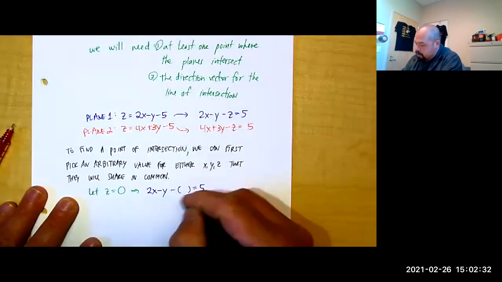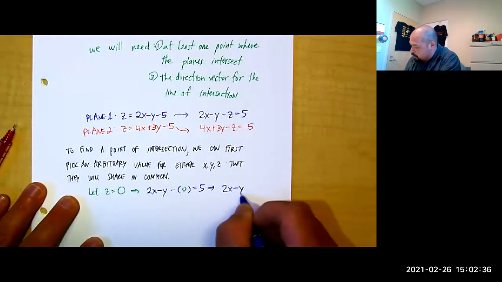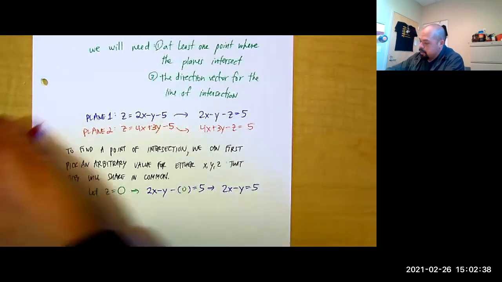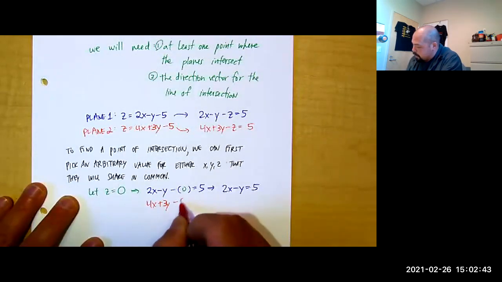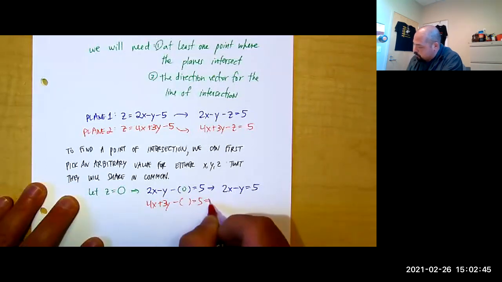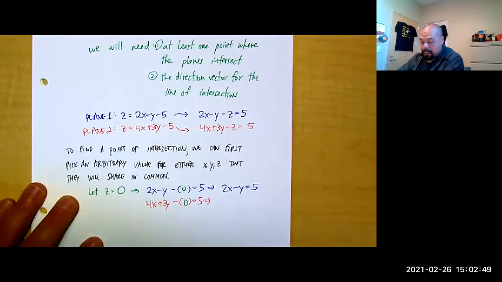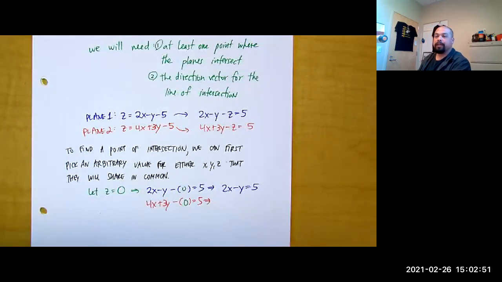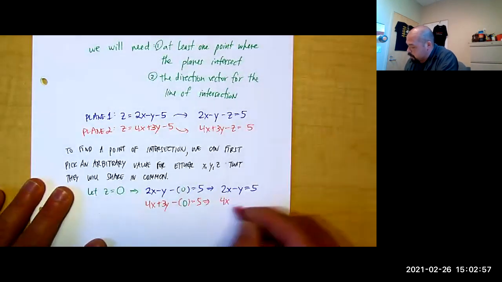If z is equal to 0, that means 2x minus y is equal to 5. And the second plane, 4x plus 3y minus z is equal to 5. We could do the same thing with z equals 1, 2, 3, negative 3, whatever you want to choose, just some arbitrary value.